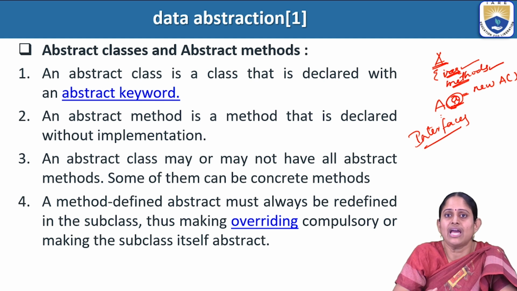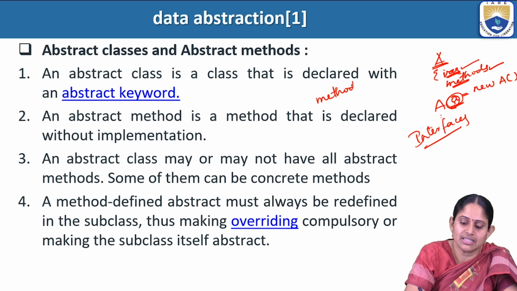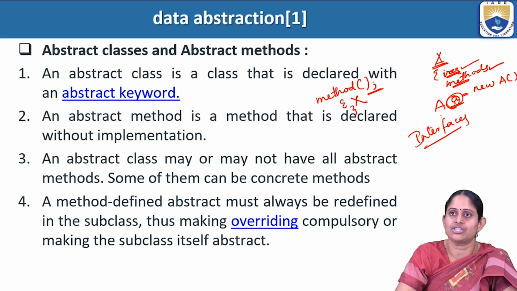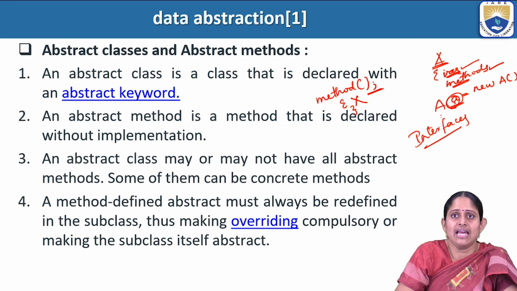That means they don't have any implementation. For a method, we just have the method name followed by brackets and a semicolon. There won't be any implementation of this abstract method, which is defined inside the abstract class.